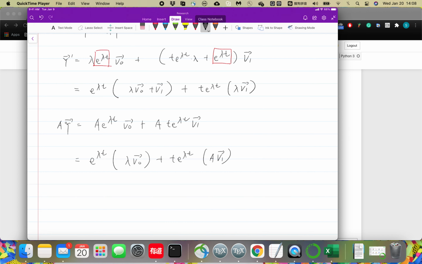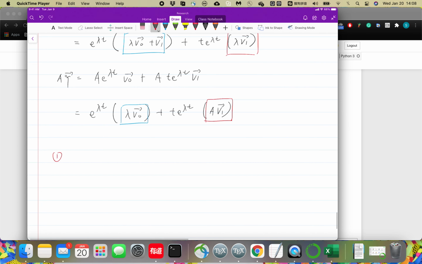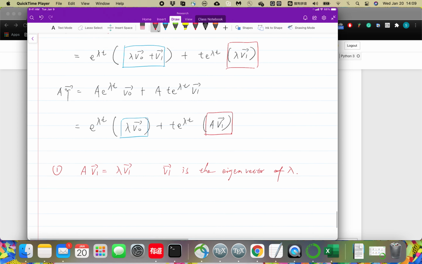Therefore, this part should equal this part, and this part should equal this part. So if we write all the relationships down, we have A v1 equals lambda v1, indicates v1 is the eigenvector, sorry, of lambda. In our case, that's the (1, 0) we computed.